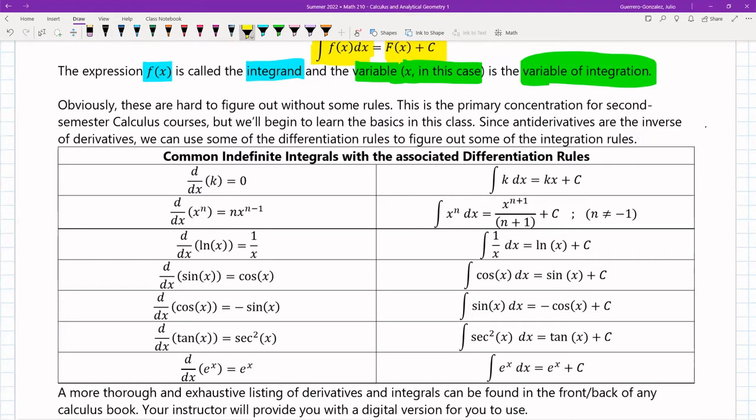So let me go through these differentiation rules really quick. If you take the derivative of a constant value, that's always going to be equal to 0. The derivative of x to the n, you bring the n down and subtract 1 from the exponent. The derivative of ln is 1 over whatever's inside the parentheses, right? The derivative of sine is cosine. The derivative of cosine is negative sine. The derivative of tangent is secant squared, and the derivative of e to the x is itself, okay?